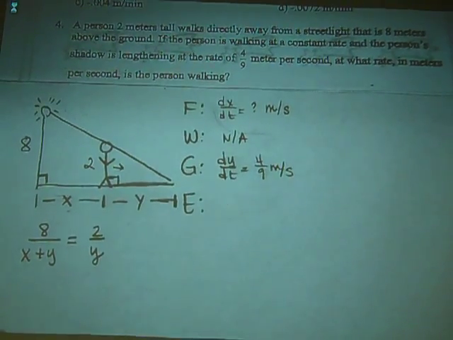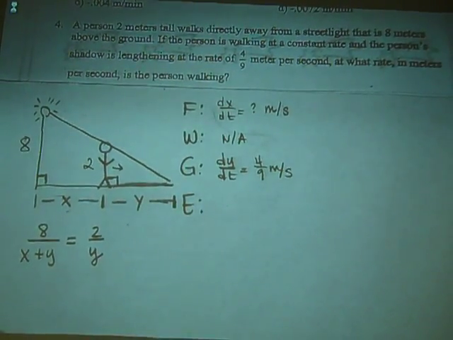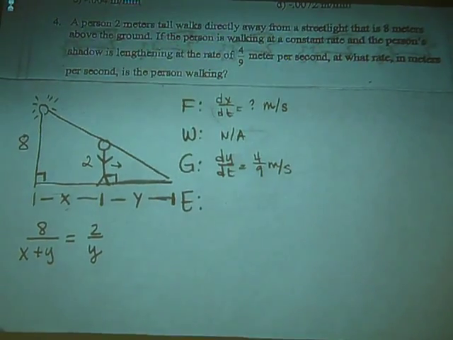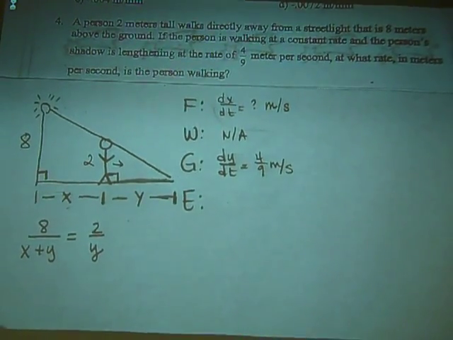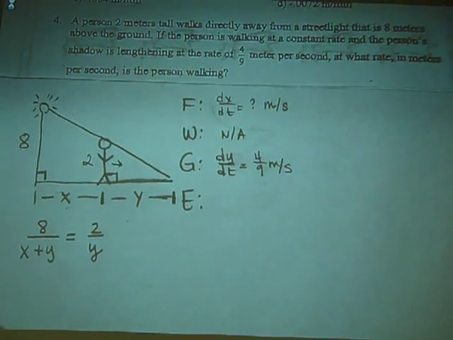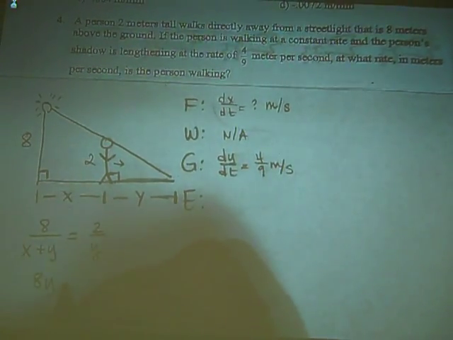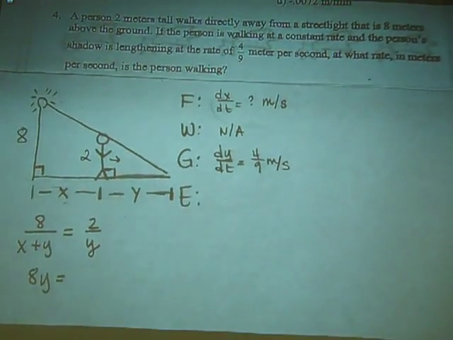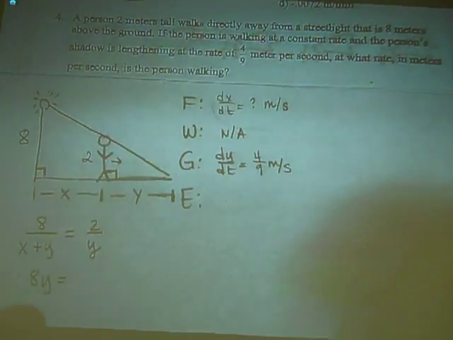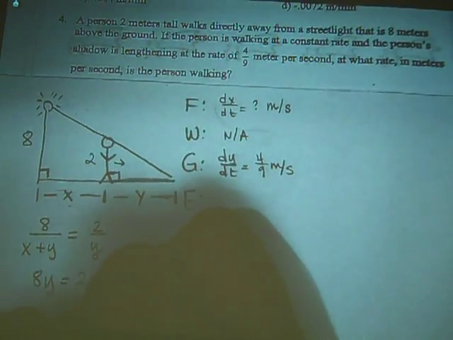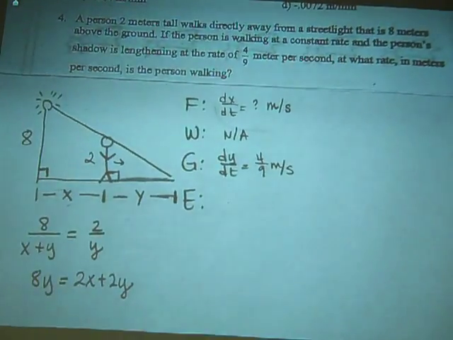Could I take a derivative? Yes, but do you want to take a derivative now? No. It would be better to cross multiply. So we get 8y equals 2x plus 2y. Look at how simple this is going to be.